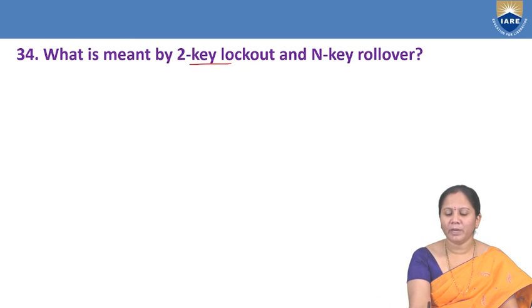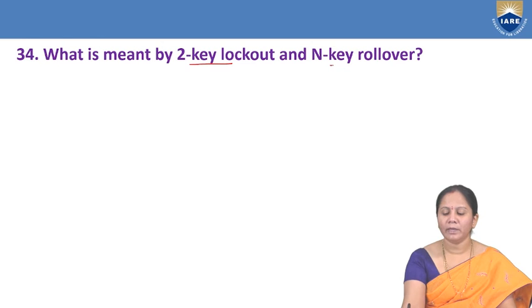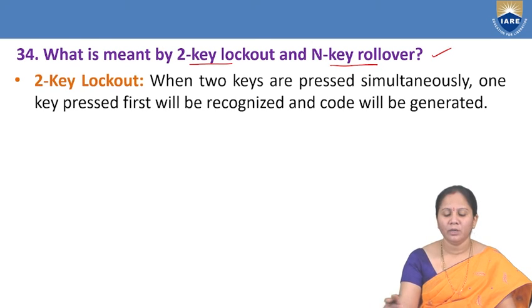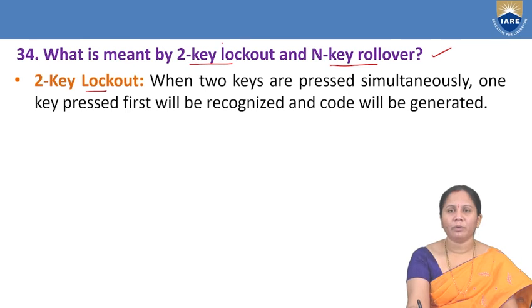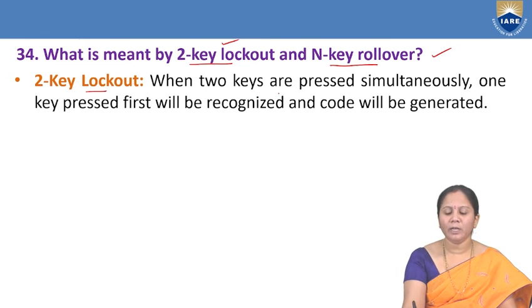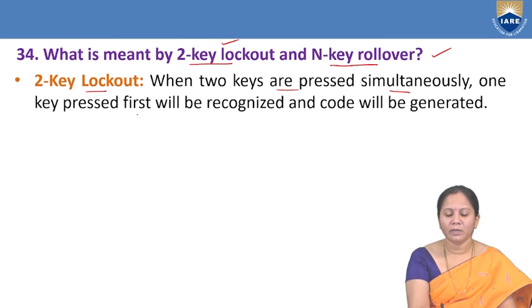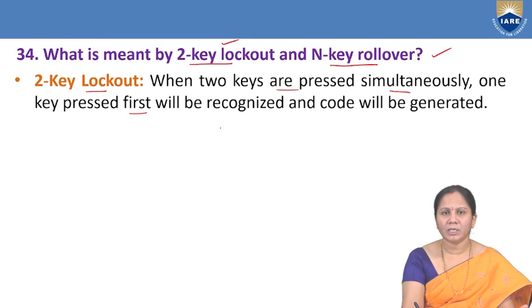Next, what is meant by 2-key lockout and N-key rollover? This question also relates to the 8279 keyboard display controller. 2-key lockout means when two keys are pressed simultaneously, the first key that is pressed will be recognized and its code will be generated.